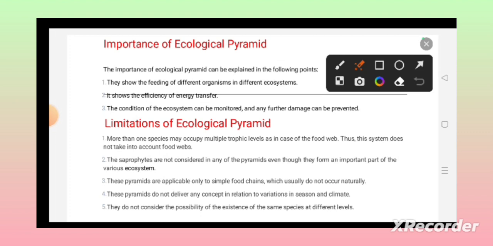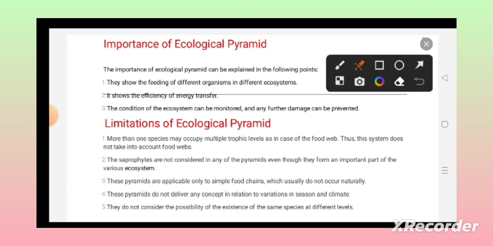In the case of biomass, we can't take all the organisms present in the aquatic ecosystem, but we take a small amount of sample and analyze how the biomass count is in the aquatic ecosystem. Errors often occur in different seasons and at different timings. So this is also one of the major limitations of the ecological pyramid.